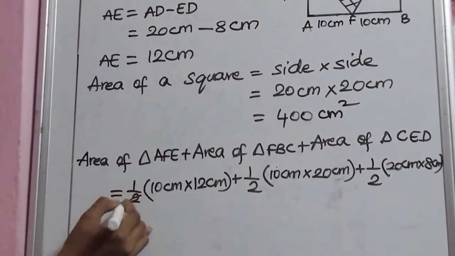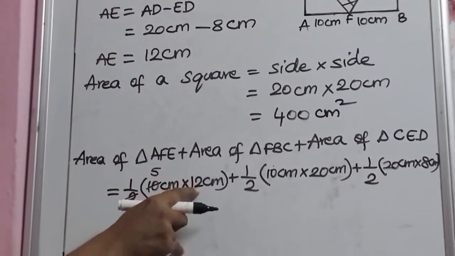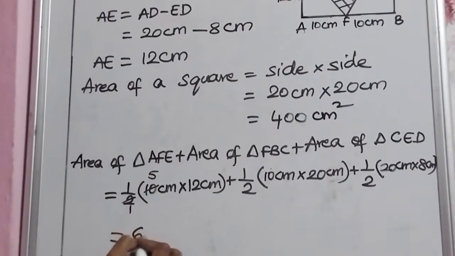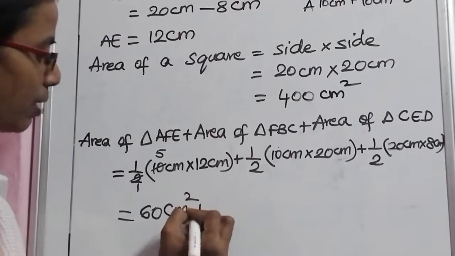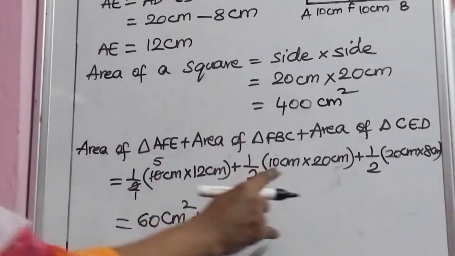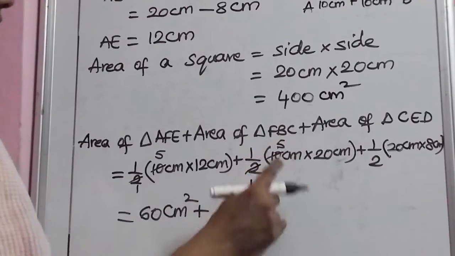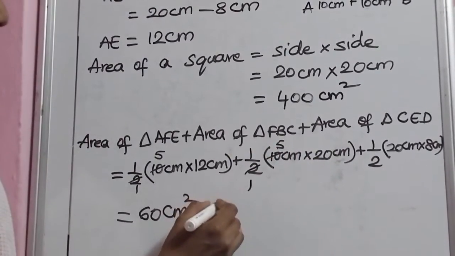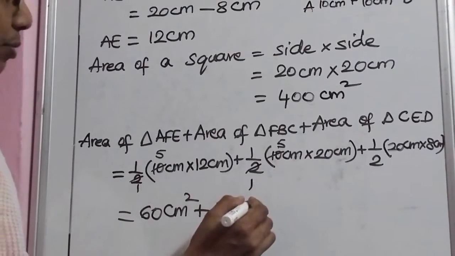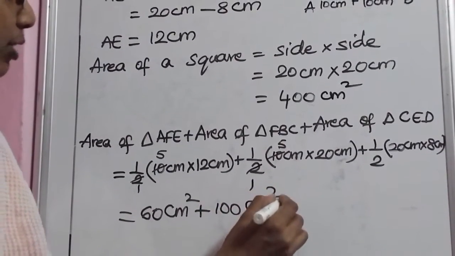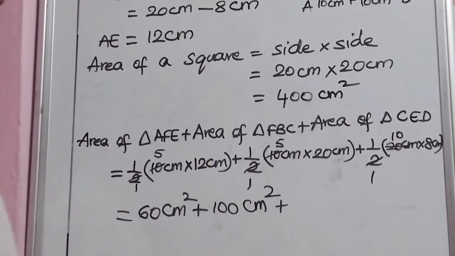So now let's cancel. 2 1s are 2, 5 2s are 10. So 12 5s are 60. Centimeter into centimeter is square centimeter plus, let's cancel. 2 1s are 2, 5 2s are 10. 10 into 20, 1 zero is there, so add that zero. Centimeter into centimeter is square centimeters plus 2 1s are 2, 10 2s are 20.